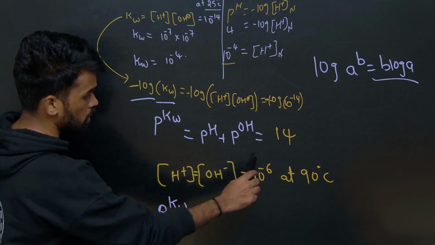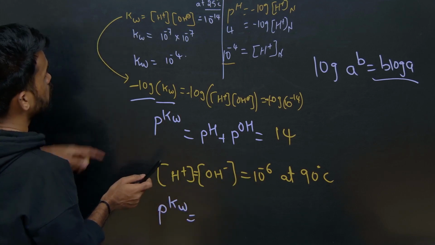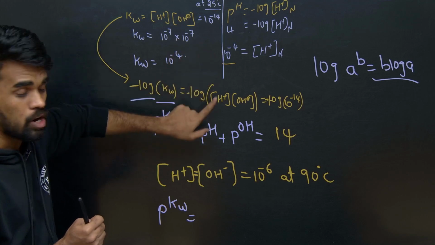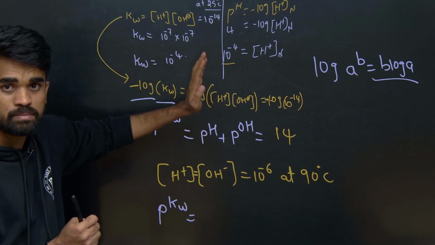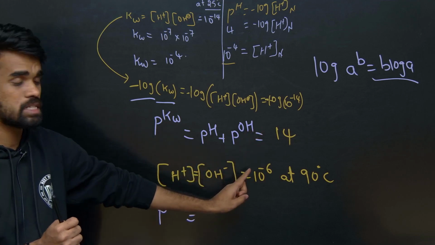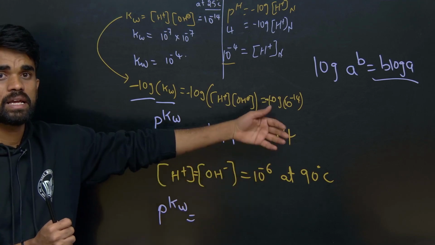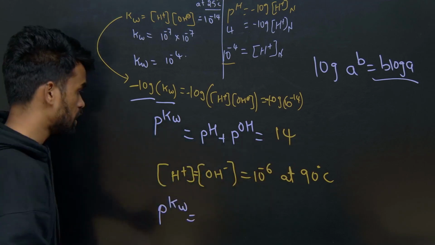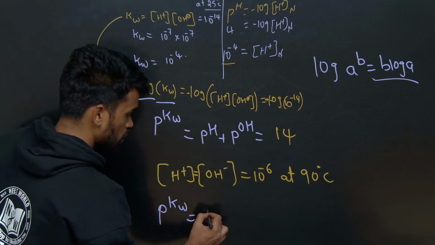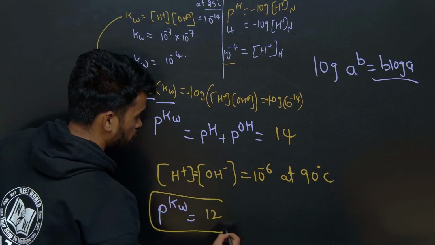See, pKw means minus log concentration of H plus minus log concentration of OH minus. It means minus log of 10 power minus 6 plus minus log of 10 power minus 6. That will be 10 power minus 12 we can get. So overall pKw value will be 12.